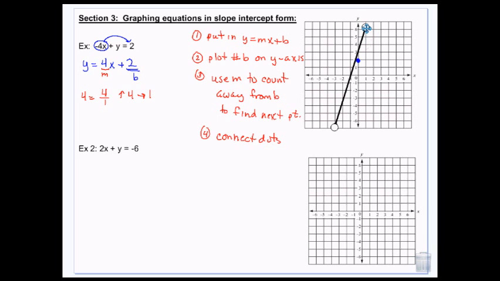Why do you put it down so far? I just like to go to the extent of the graph or the picture. You don't want to just go from dot to dot. You want to extend it past that with arrows on both ends because it's an infinite line. It goes on forever. You don't have to go this far. You could stop it here.